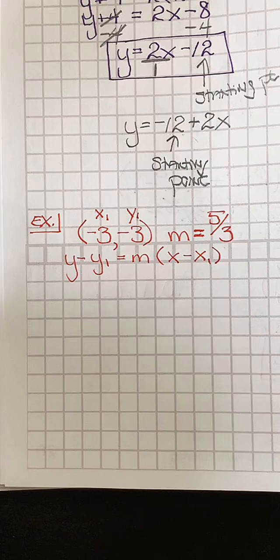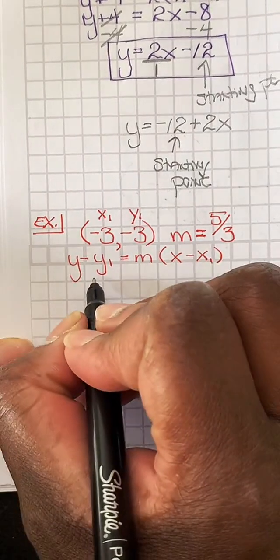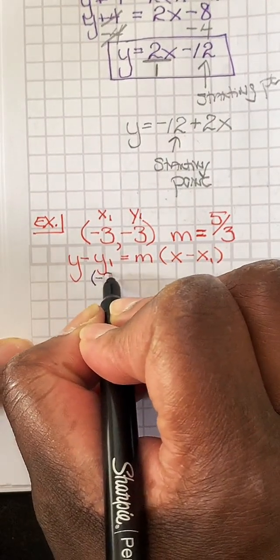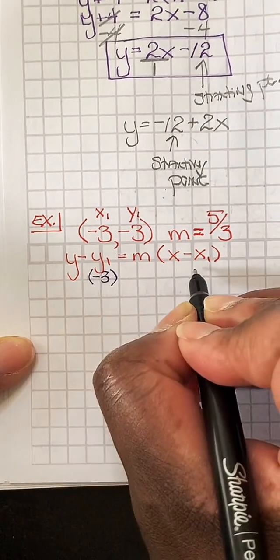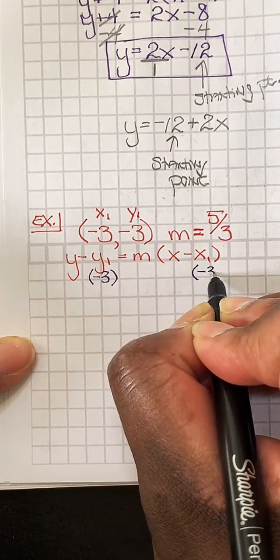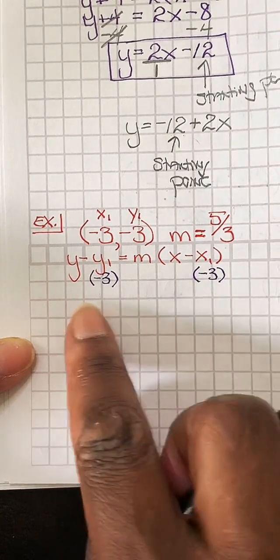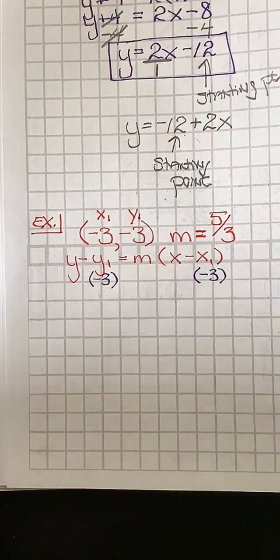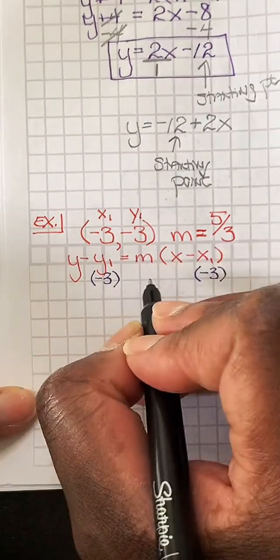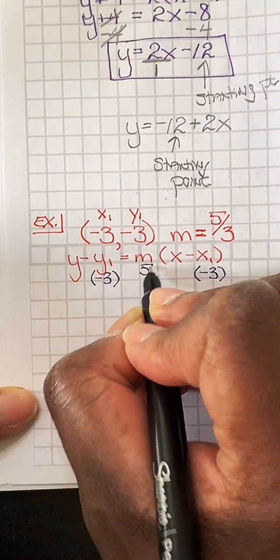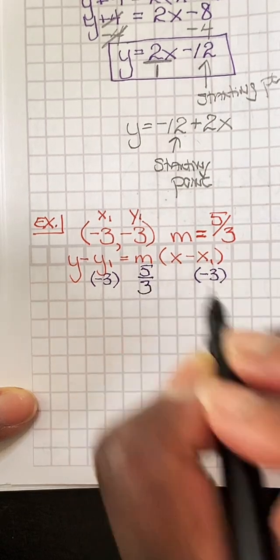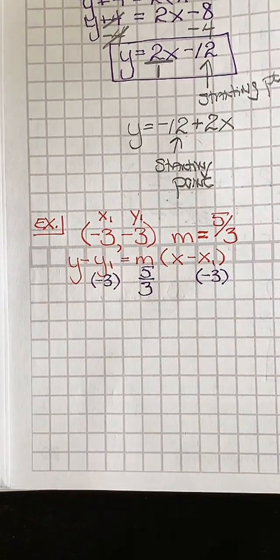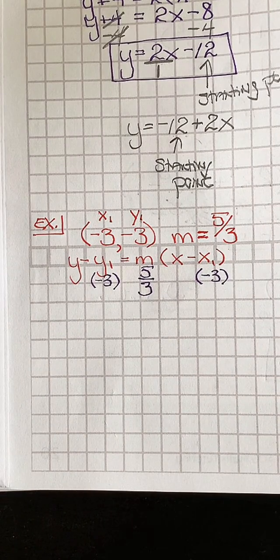So when we do that, we have a -3 here, and then there's a -3 here. Anytime I substitute a negative, I like to put parentheses in. And then we put the 5/3 for my slope.